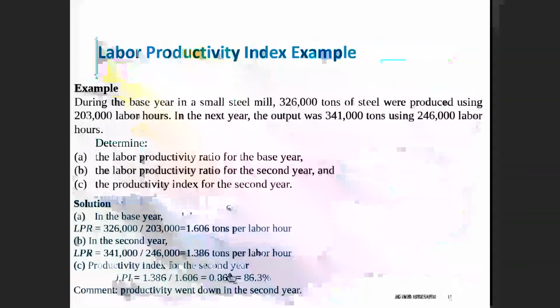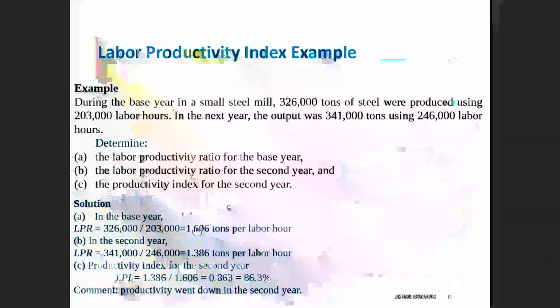And when you divide them, you get the index, which is 0.863, and that means 86.3% is the index for the production between the base year and the second year, that you can use when you compare to other two years, or you want to compare the base year with the third year, and you see how the index is different.